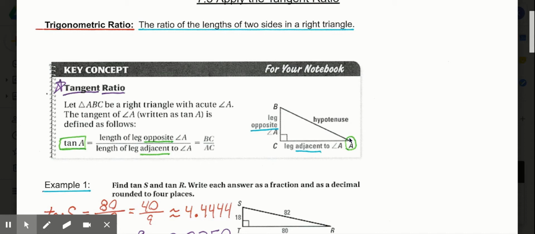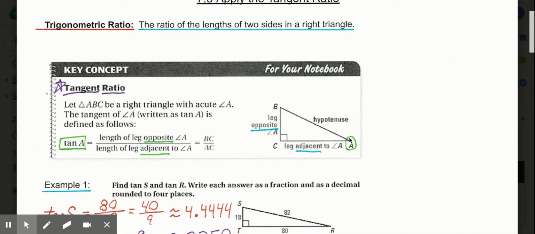So the tangent of angle A is the length of the leg opposite angle A over the length of the leg adjacent to angle A.